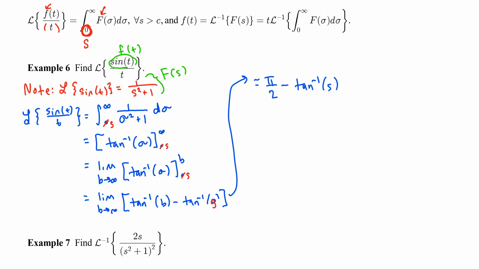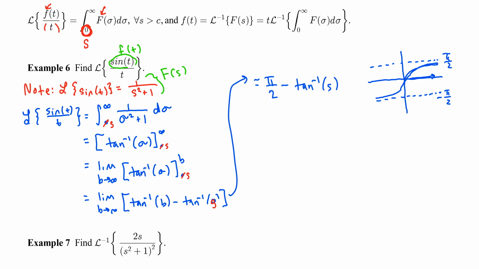So you might be wondering, how did I figure out that the limit as b approaching infinity of inverse tangent of b is pi over 2? Here's the simplest way to think of it. If we graph inverse tangent, it's got horizontal asymptotes at negative pi over 2 and pi over 2. So as the argument approaches infinity, the function levels out at pi over 2.